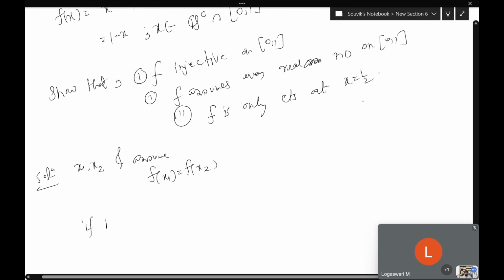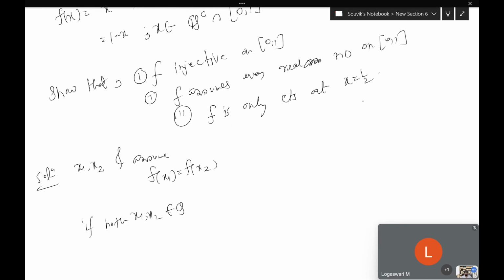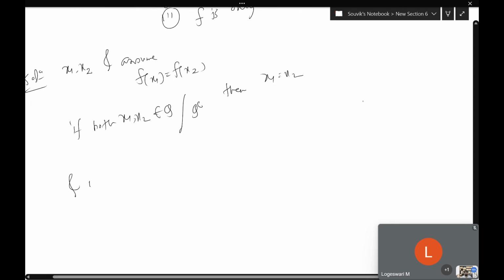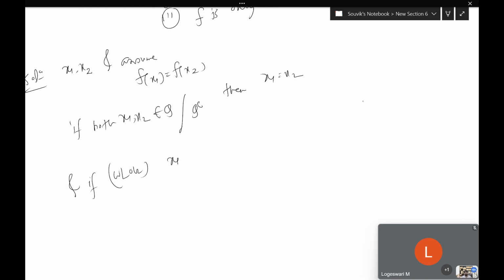Now, if both x1 and x2 belong to Q or Q complement, then obviously x1 equals x2. Without loss of generality, assume x1 belongs to the rationals and x2 does not belong to the rationals. Then this gives x1 is equal to 1 minus x2.